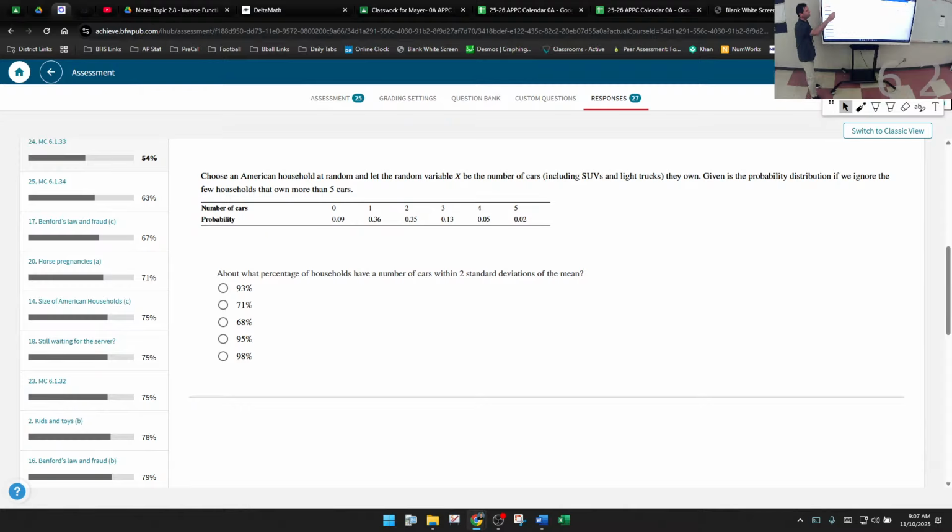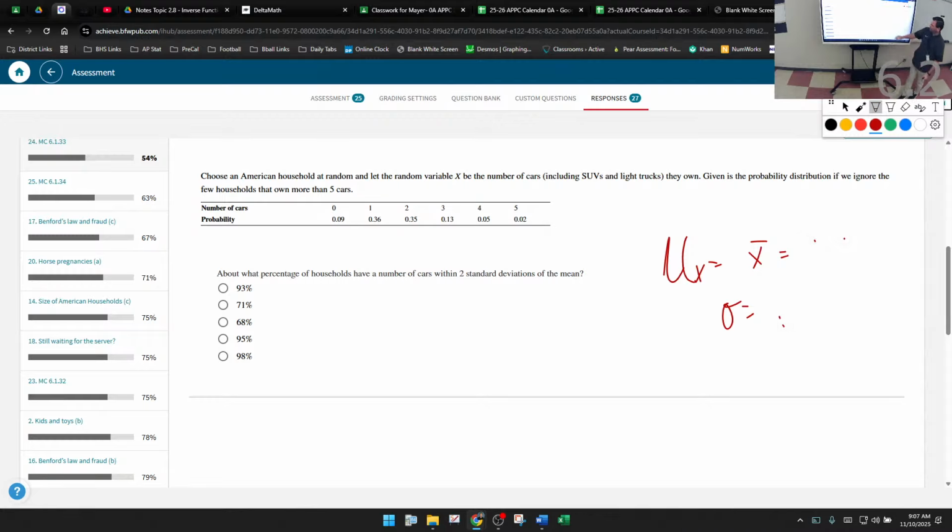So what you should have done on that one, you should have calculated the mean. You use your calculator, do L1, L2, calculate X bar, and then you had to calculate the standard deviation. So once you calculated the mean and the standard deviation, add 2 of these to this and subtract 2 of these from this.